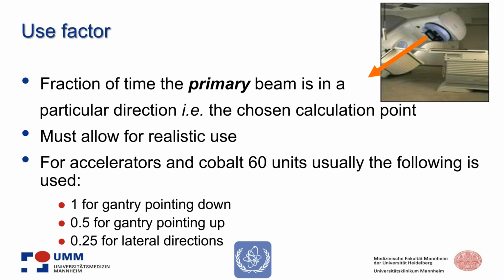And you have 0.25 for the lateral direction. This is typical for the 3D conformal area. Mostly the gantry is pointing down. 0.5 is up, so you have opposite fields, and 0.25 for lateral directions. This is a typical 4-field box, for example.